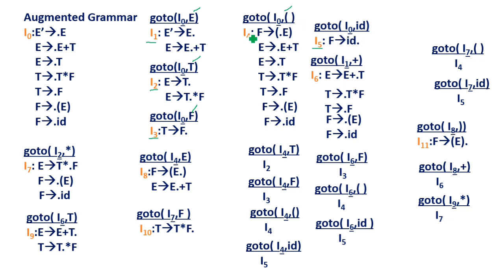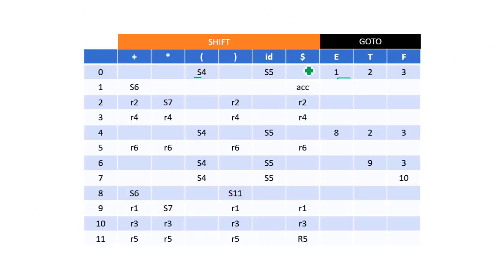So open bracket and ID are terminals. The open bracket goes to I4, so write it as S4, and for ID you write S5. For E, T and F, you write 1, 2, 3. Go to of I0 comma E, I0 comma T and I0 comma F goes to item sets 1, 2 and 3, so it is written as 1, 2 and 3 because they are non-terminals.